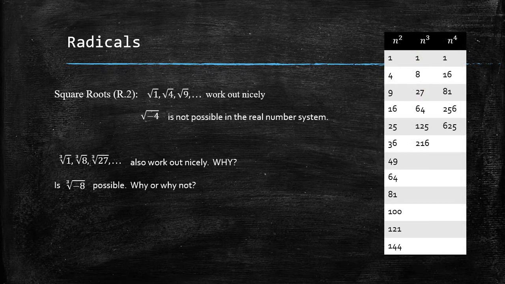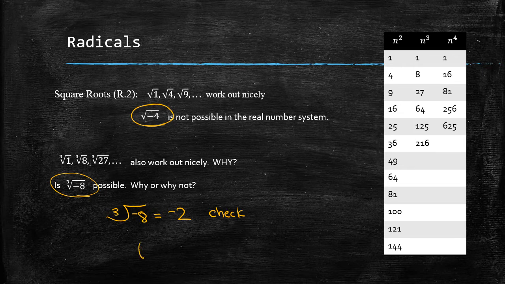Is the third root of -8 possible? Why or why not? Okay, so we know the square root of a number. We can't take the square root of a negative number, but what about the third root? Okay, so our guess would be -2. And then we would want to check it. So if we're saying that the third root of -8 is -2, that would mean -2 raised to the third power should get us back to -8.